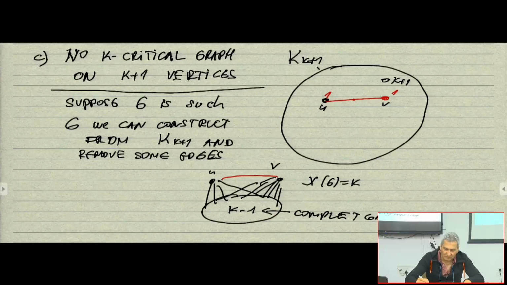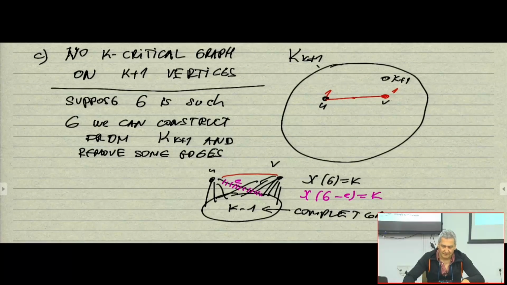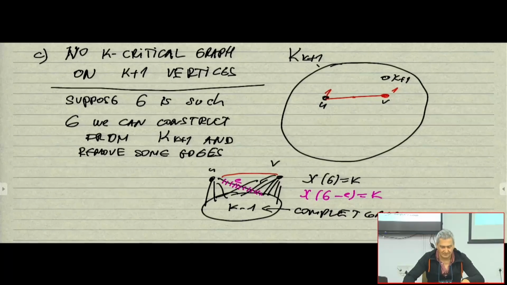So if we remove one edge that is only in the first clique, if we remove this edge, the chromatic number of this graph minus this edge, E, will still be k. So it will not be k-critical. This is the end of the proof of claim C.